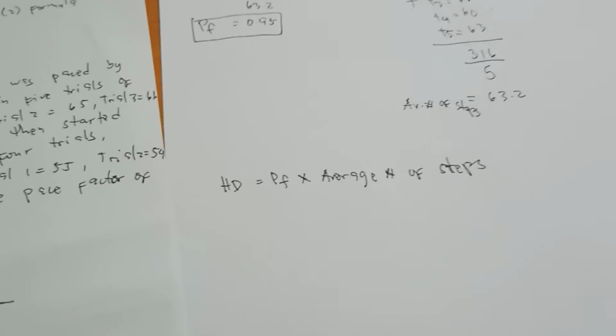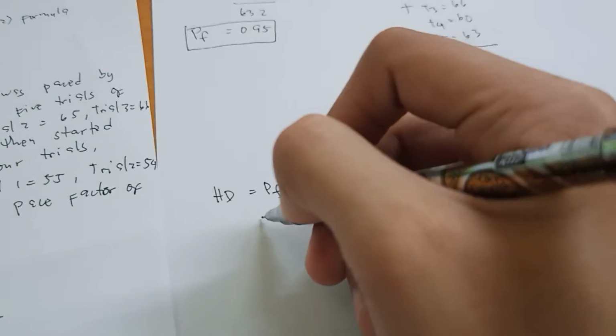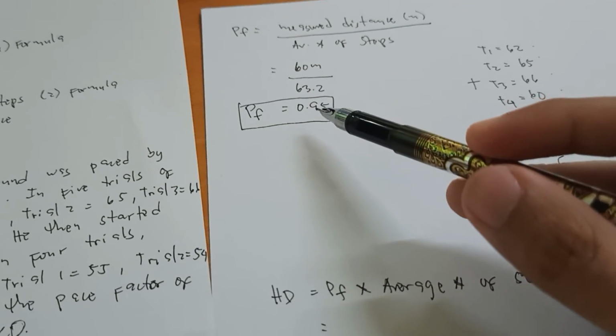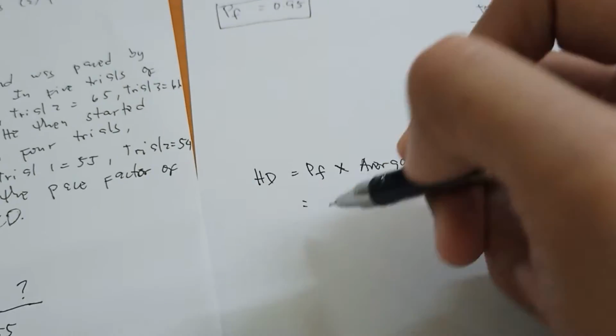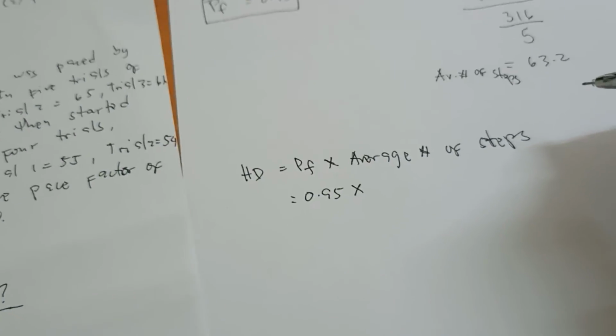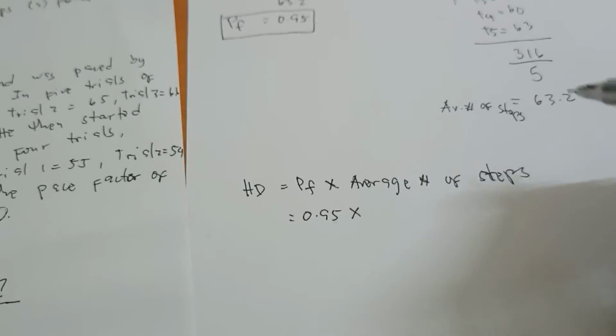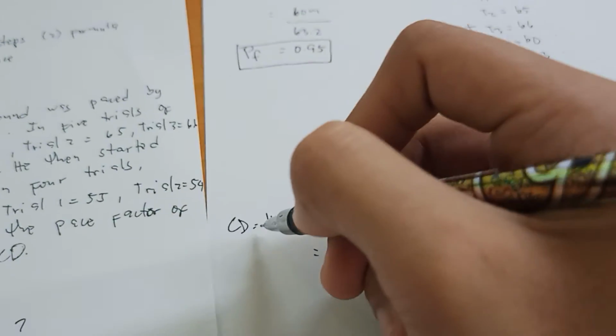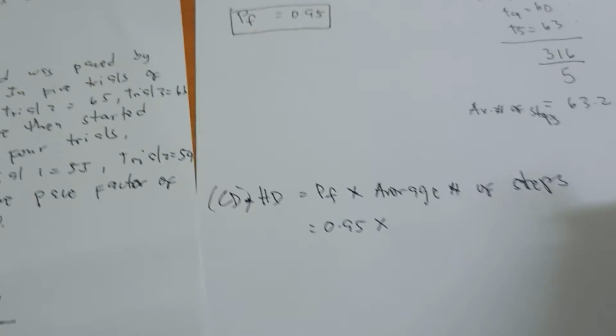Since we have computed the pace factor of 0.95, you just substitute it, 0.95 multiplied by the average number of steps of CD. This is CD, horizontal distance of CD.